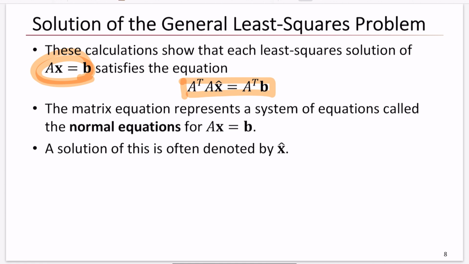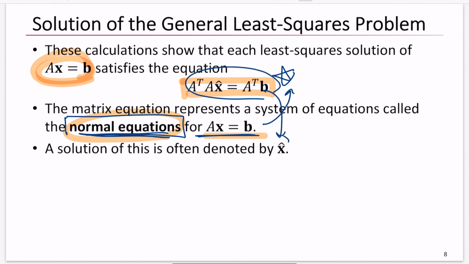This matrix equation represents the system of equations called the normal equations of Ax equals b. Very, very important. Where Ax equals b doesn't have a solution, a solution of this normal equation is going to be x hat, the least squares solution.